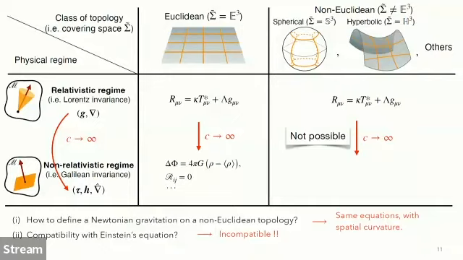A consequence of this strong result is that if our universe is spherical, and we use the Einstein equation to make some prediction or to measure things in the universe, or predict, for instance, a rebound like this, and at the same time we use Newtonian gravitation at any scale, even the solar system scale, this result says that it's mathematically incompatible.